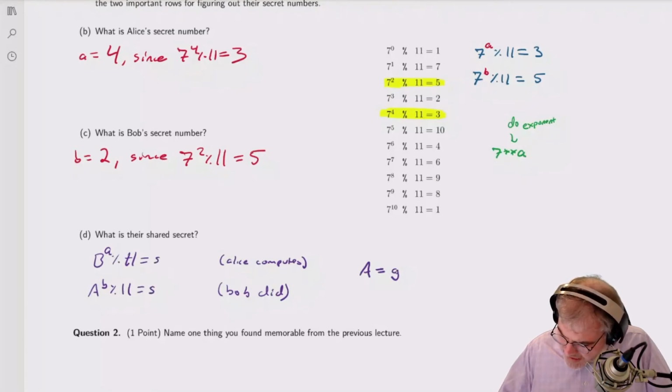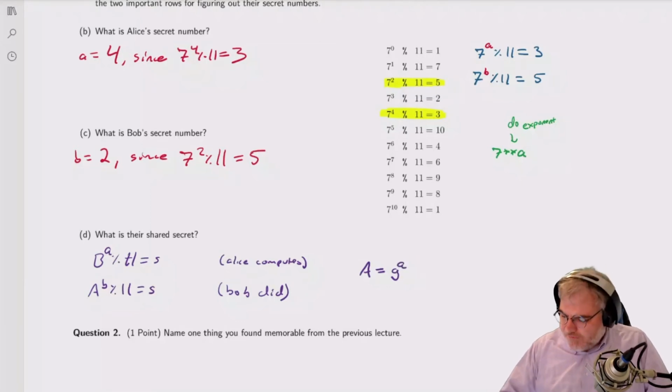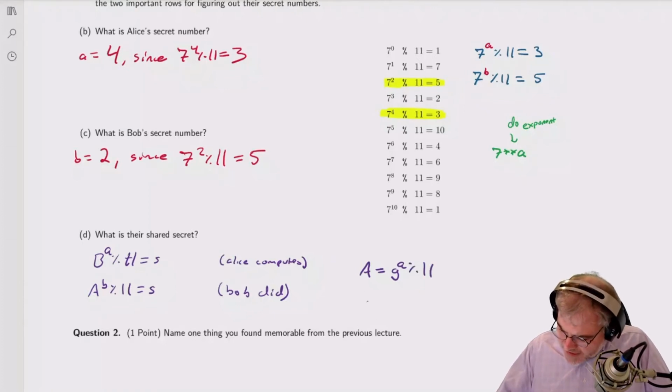But notice that A equaled G to the A, that's how I found it, mod 11. So I could have done S would equal A to the B mod 11, which equals G to the A mod 11 to the B, which equals G to the AB mod 11.